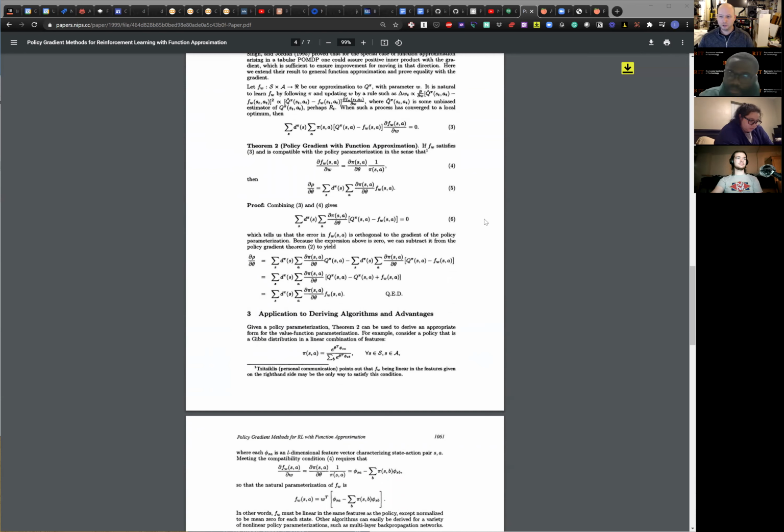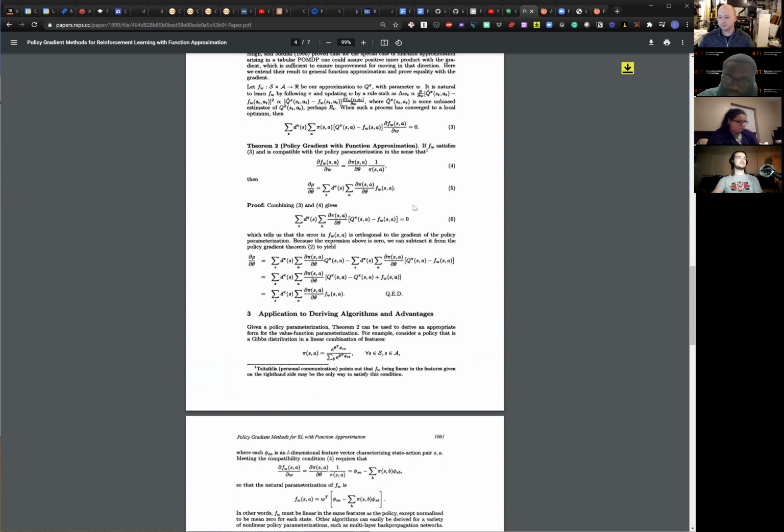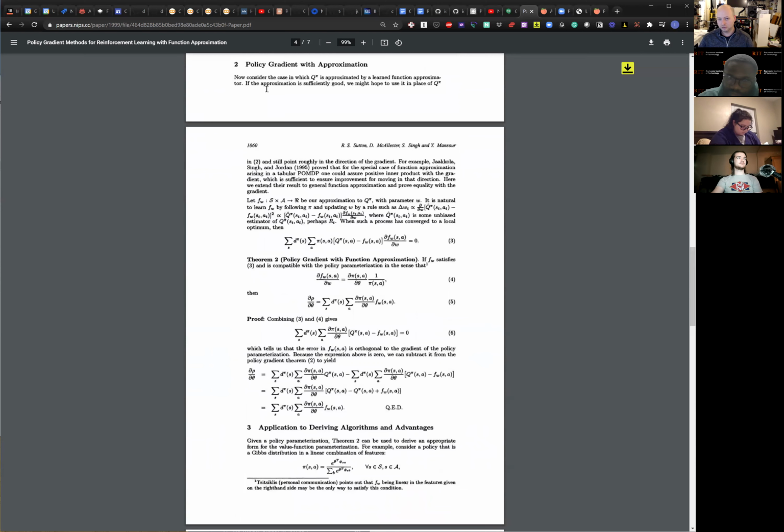How do you know what your state and action pair are worth? You don't. So often you would use another function to predict that in some way. This part of the paper simply shows that if you have some approximation of your Q function, you can use that as a baseline.